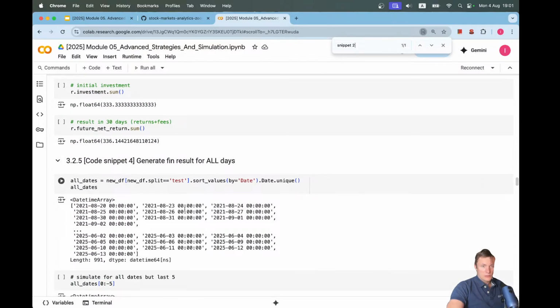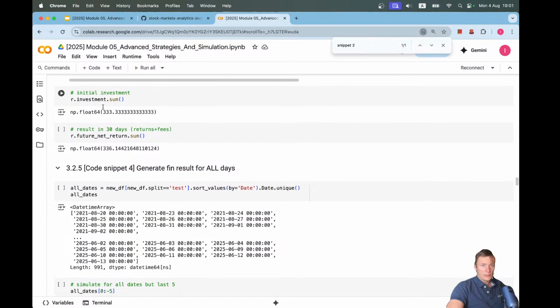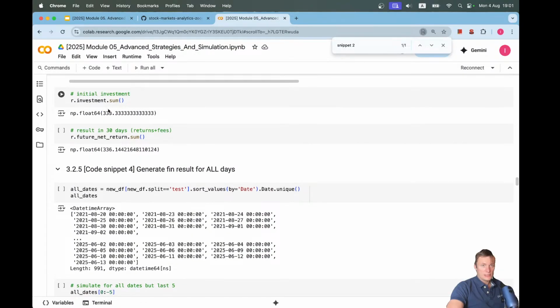So that's it. That's a 1 day investment. For 30 days it was 333.3. In 30 days it was 336.14. So small growth of this capital.